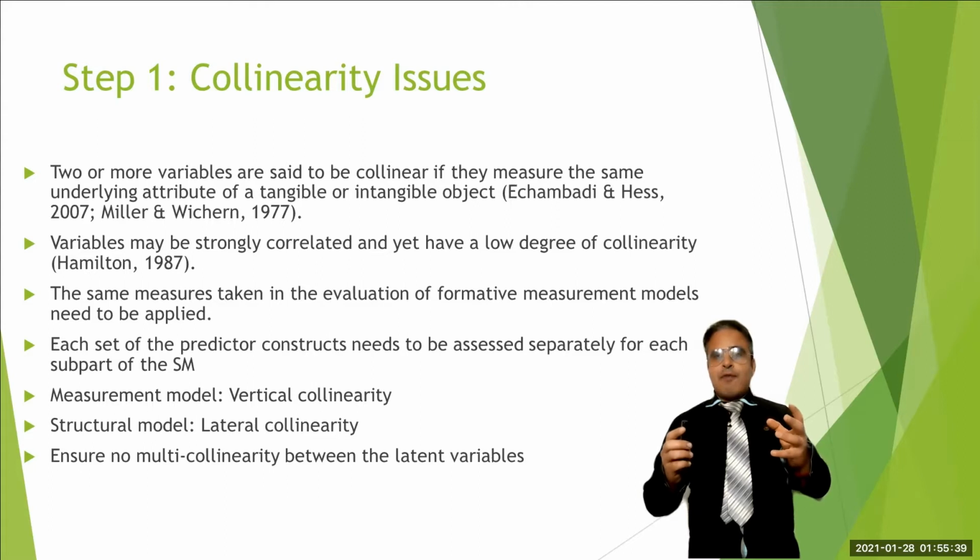For instance, in our model of online banking use, we have perceived usefulness and perceived ease of use. If those variables are collinear, it means both of them have pretty much the same indicators or survey questions, and they are measuring the same attribute. We don't want that. We don't want to have collinearity issues in our structural equation model.